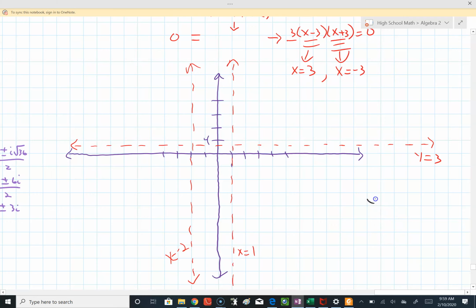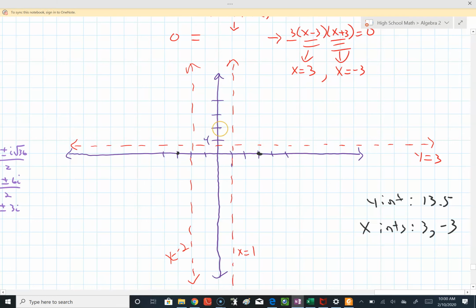We had a y-intercept at 13.5, yeah? We had x-intercepts at 3 and -3. Plot all those jokers. Plot an x-intercept at 3. Plot an x-intercept at -3.